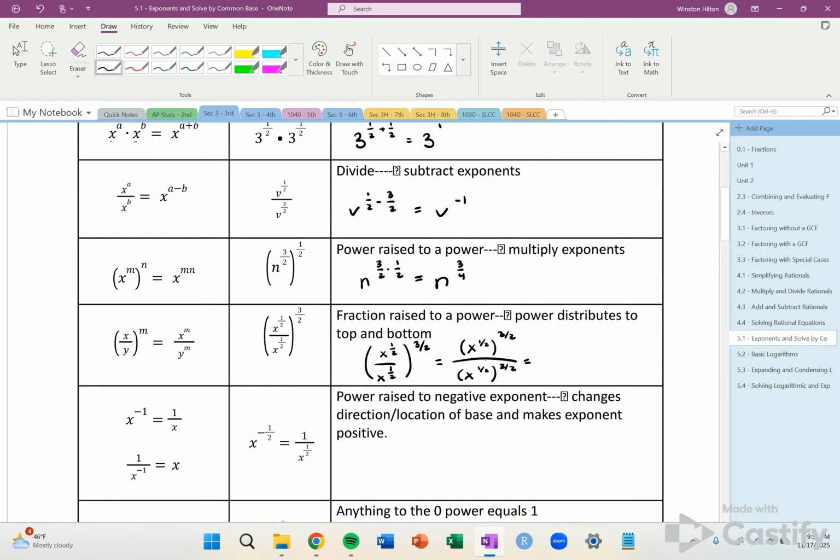Now here in this particular example, we have an exponent being raised to another power, so we can multiply those powers and get x to the 3/4 over x to the 3/4.